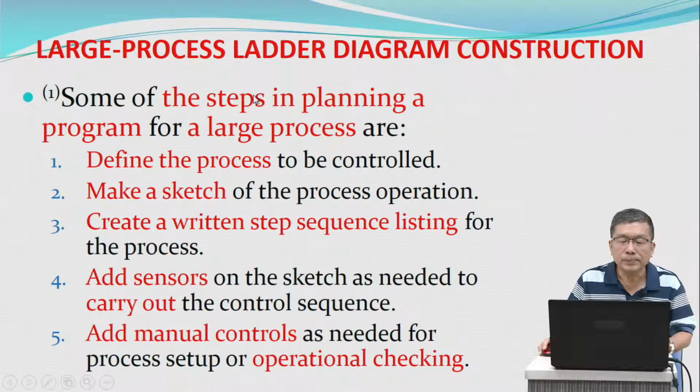Some of these steps in planning a program for a large process are: number one, define the process to be controlled. Number two, make a sketch of the process operation. Number three, create a written step sequence listing for the process. Number four, add sensors on the sketch as needed to carry out the control sequence.